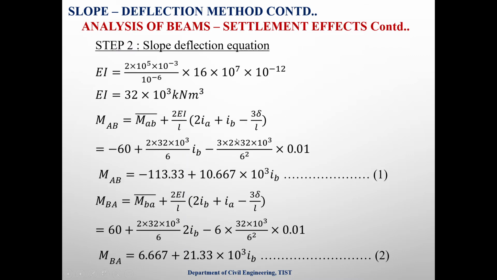So we write minus 3 delta by L itself. The delta is 10 mm, so it has to be converted into meter, that is 0.01. In the case of MAB and MBA, the value of delta is plus 0.01 meter.